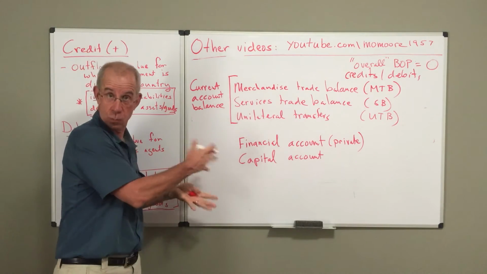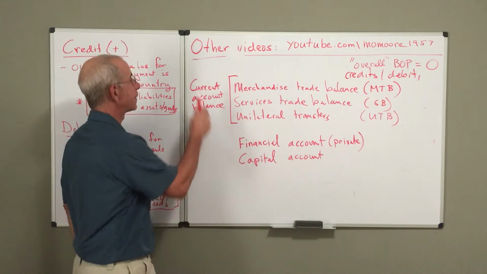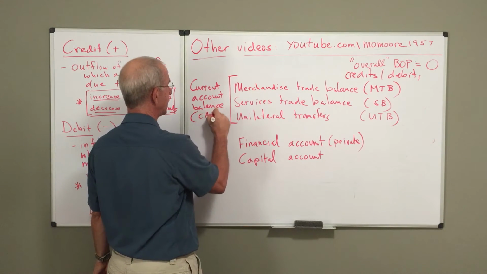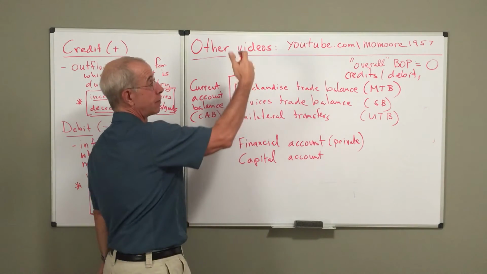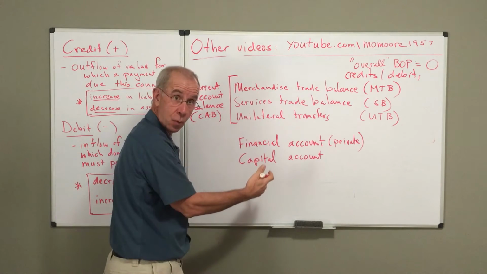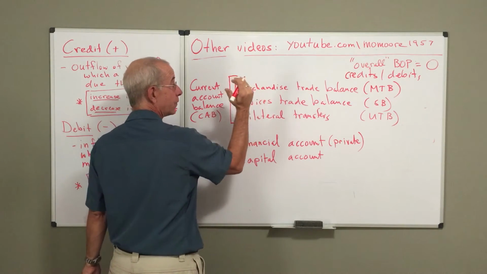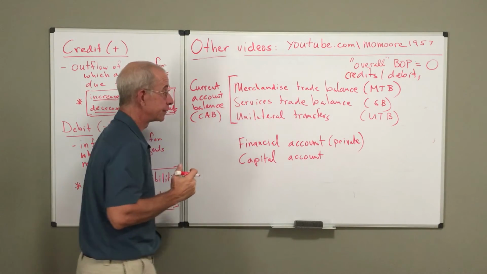We'll talk about how to interpret that in just a bit, but mechanically, the current account balance, CAB, is just the exports plus the imports, the debits and credits for all the transactions for goods trade, services trade, and unilateral transfers.